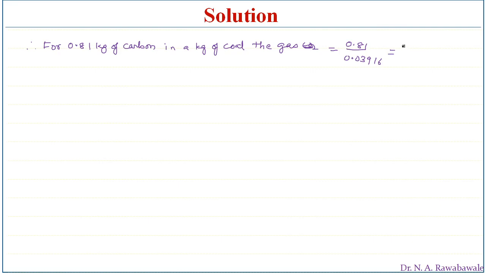So this will be 20.68 kg of dry gas produced per kg of fuel. 20.68 kg of flue gas per kg of fuel is produced.